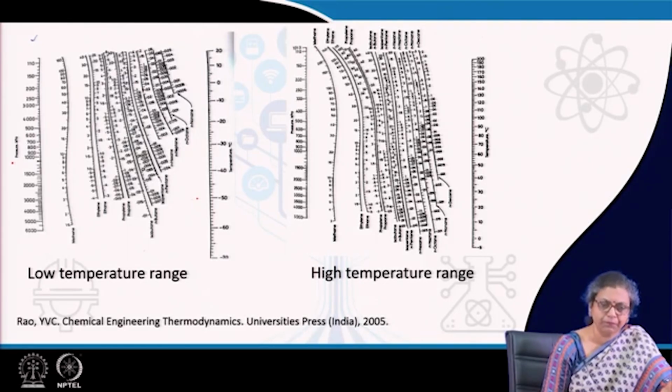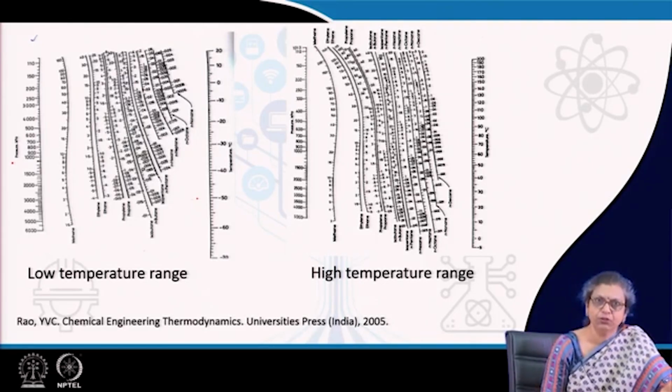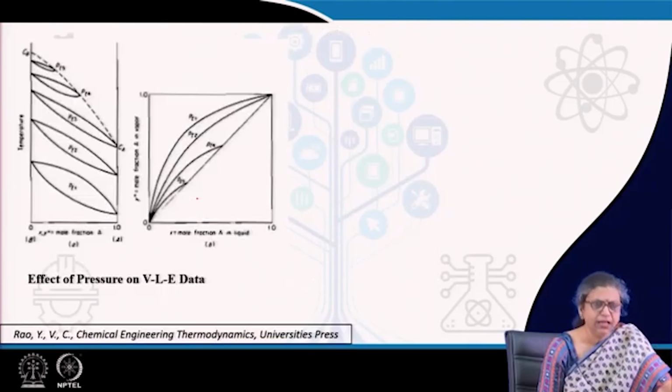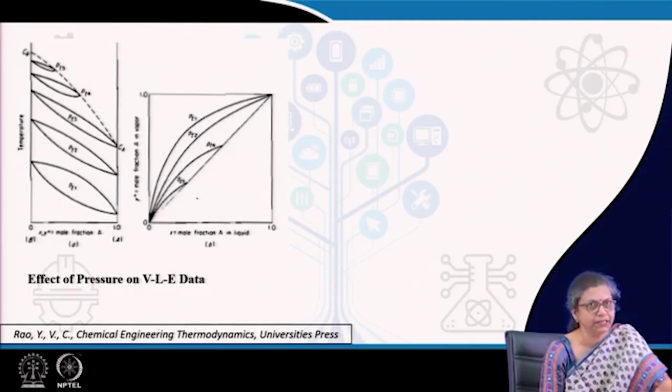And there can also be some situations where the equilibrium data, either in terms of Txy or in terms of xy, are available. When that is there, then you can use that as well. Just in passing, I would like to show you this. We will be doing it in much more detail when we do distillation, how pressure affects the Txy data.